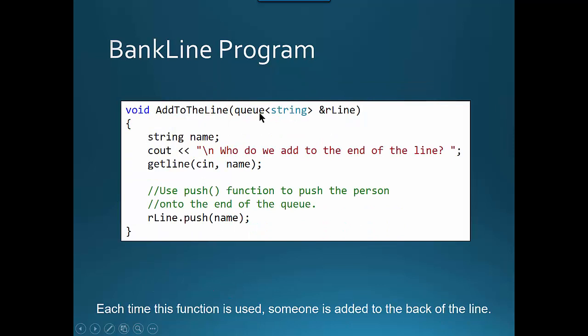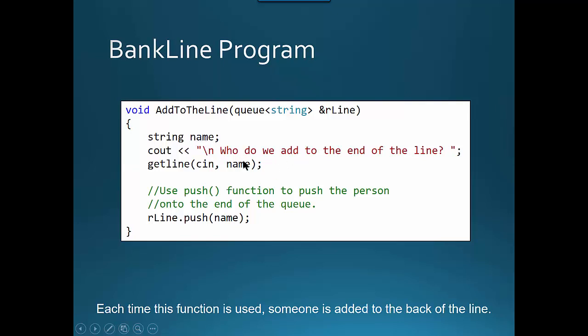So let's look at the add to line function in this program. It takes the queue by reference as a parameter. And so we're going to get a reference to this queue. And then what we're doing is we're asking the user to input who do we have at the end of the line.